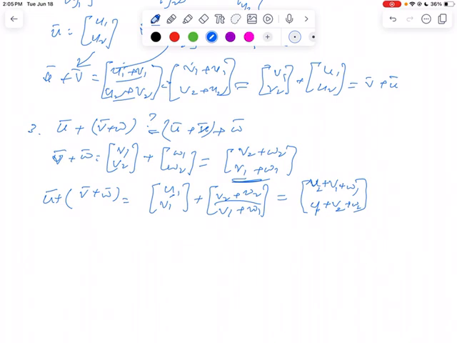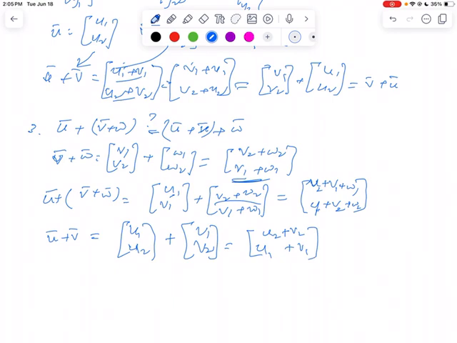For the other part, I have to start with u plus v, which is u1, u2 plus v1, v2. So we get u2 plus v2 and u1 plus v1. And now I have to add w to it. So u plus v plus w becomes u2 plus v2, u1 plus v1 plus w1, w2.